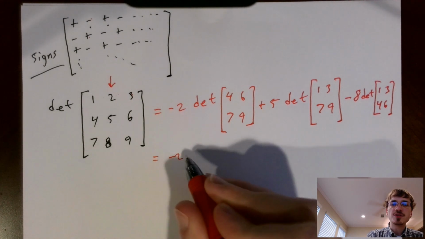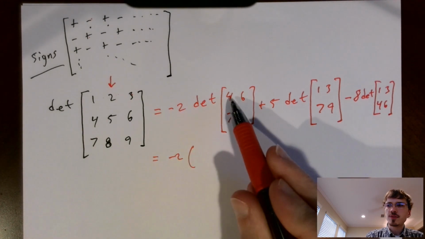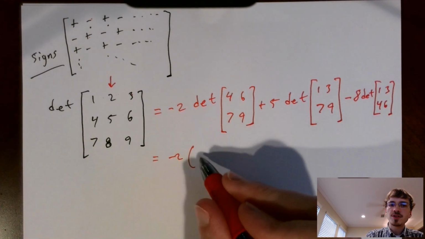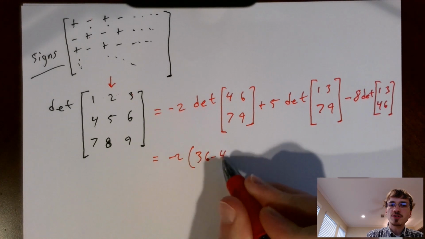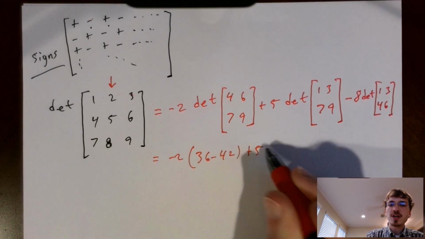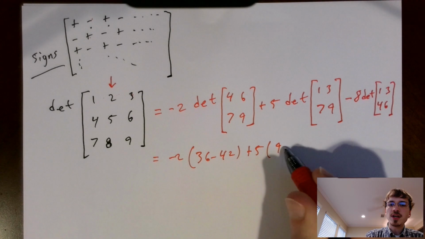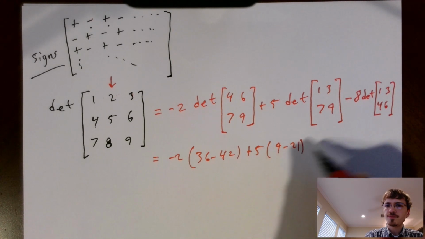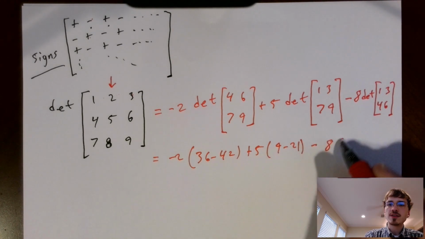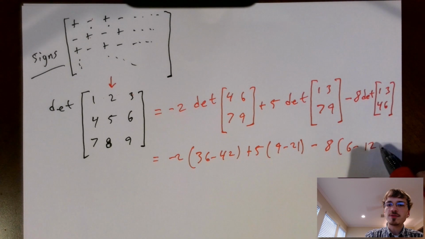I see -2 times 36 minus 42 again, +5 times 9 minus 21, minus 8 times 6 minus 12.